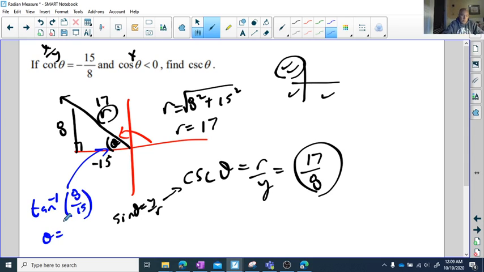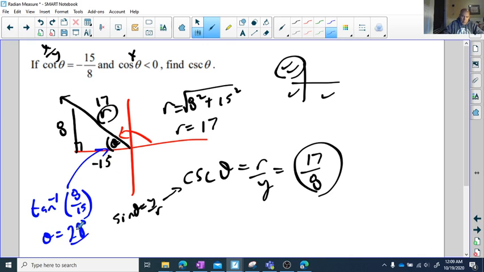So inverse tan of, I keep forgetting my brackets, inverse tan of bracket 8 divided by 15 is equal to 28 degrees. So that's the little angle in the corner.